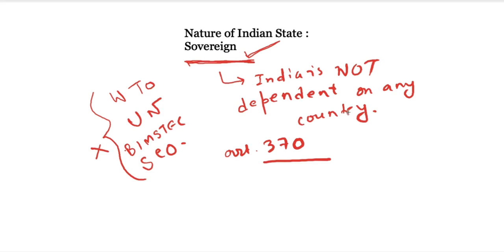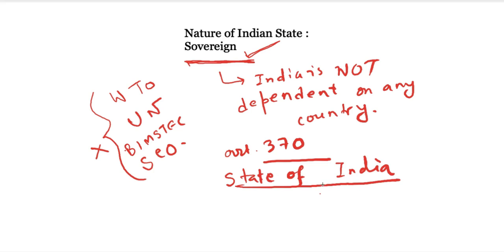Now, you have to remember that the state of India, or the country of India, is actually sovereign. Not the Parliament, not the High Court, not the Supreme Court. They are parts of India. They themselves are not sovereign, but the state of India is sovereign.